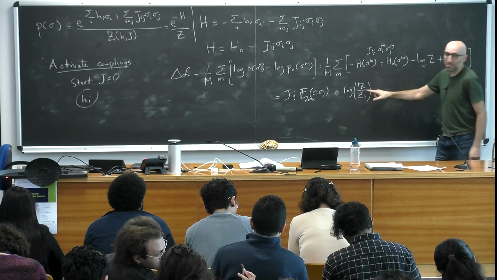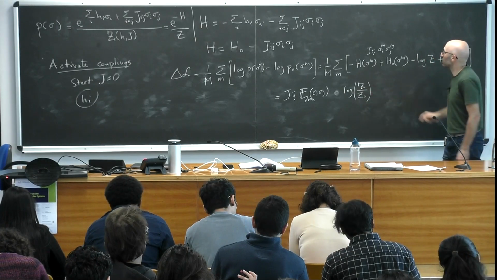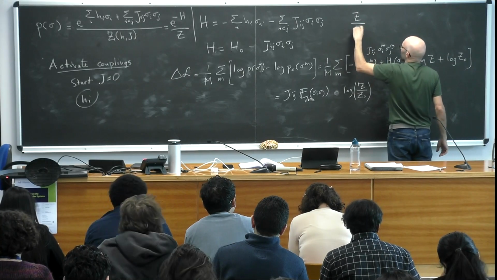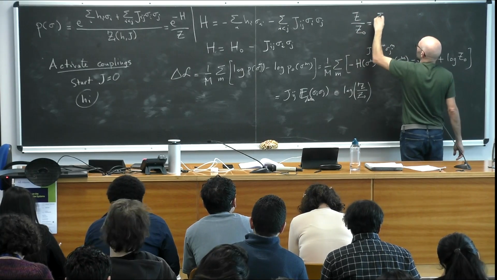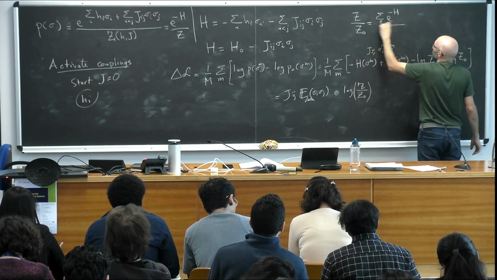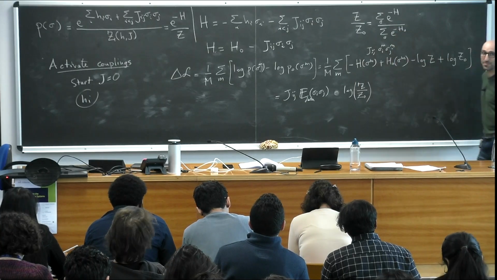Okay, this seems difficult to compute because it's a ratio of partition functions, but actually, if you look at what it is, Z over Z0, you can write it as the sum over sigma of e to the minus H divided by the sum over sigma of e to the minus H0.